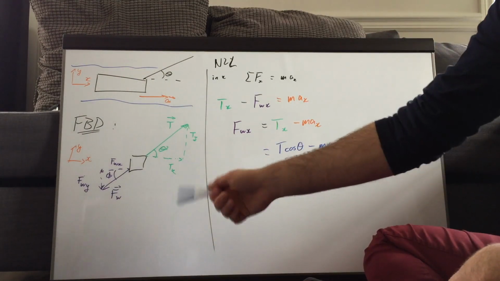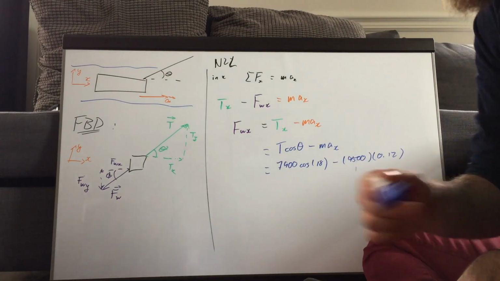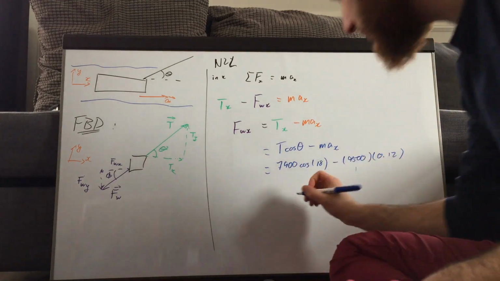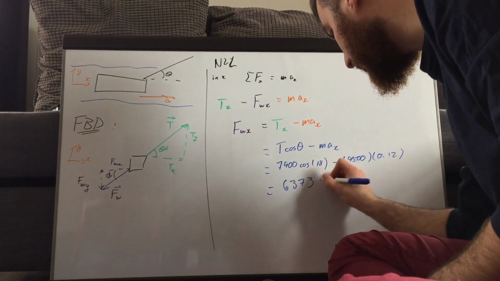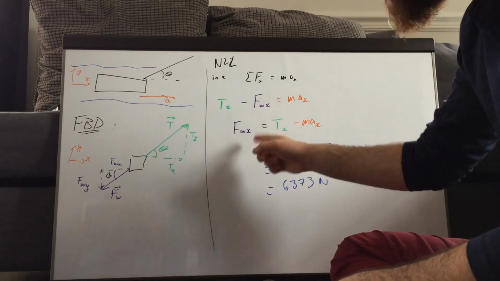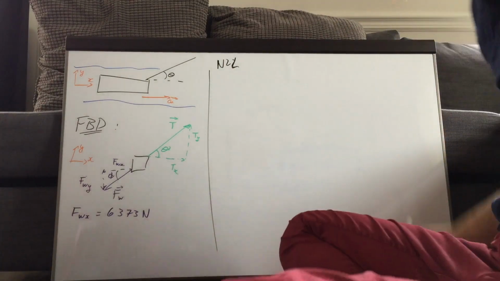You'll have noticed that I haven't written down what I know and what I want here. Please do that. Once you calculate all of that, you get to 4 sig figs, 6,373 newtons. And that is the magnitude of your x component. And we resume with y.